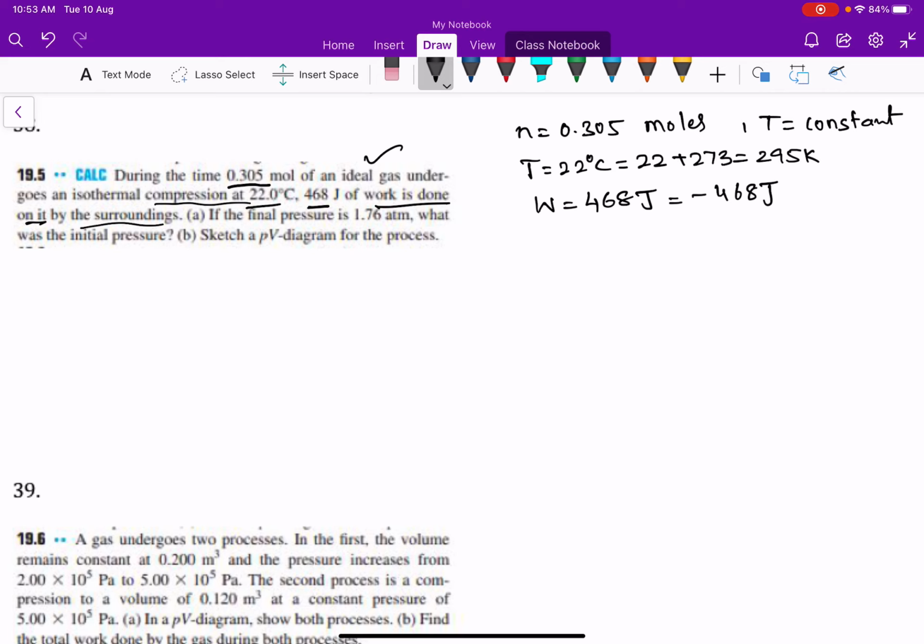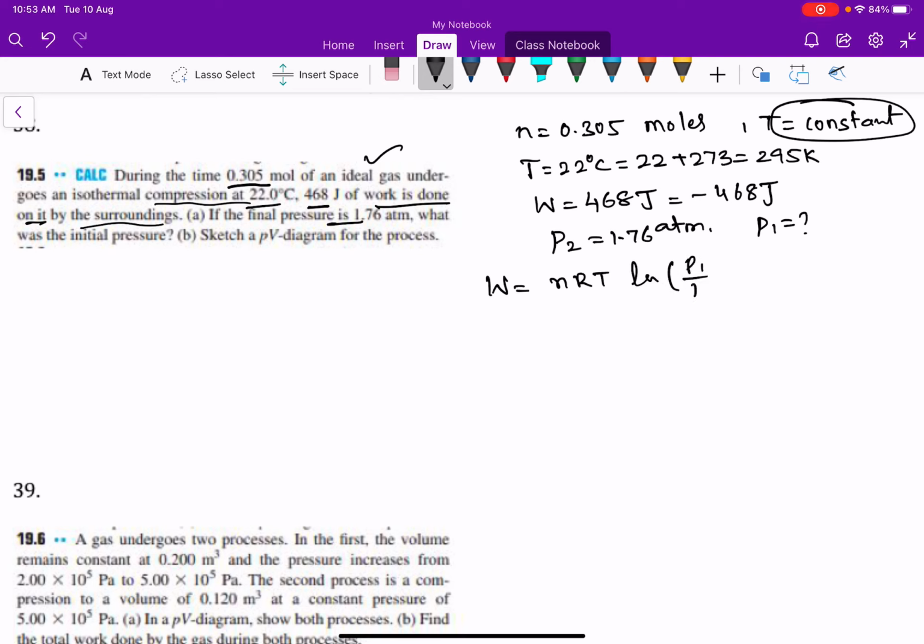We know it already. If the final pressure P2 is equal to 1.76 atmosphere, what was the initial pressure P1 equal to how much? We know work done in an isothermal process is nothing but W equals nRT ln P1 by P2.